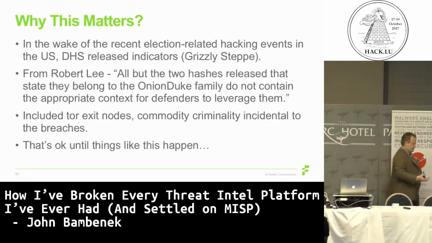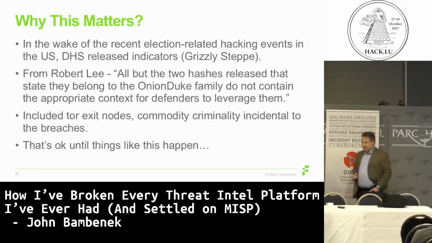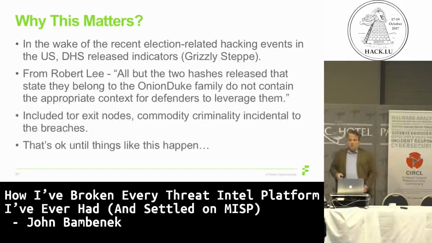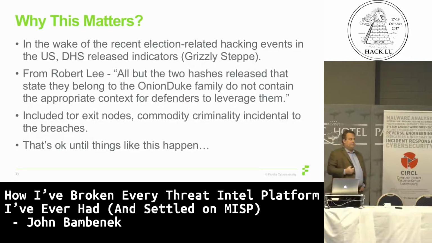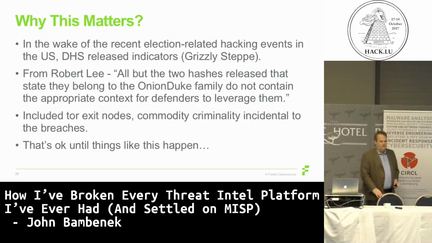So why this matters, right? Taking it to, again, another election-related story in the United States. Around December, just before the Director of National Intelligence released a report on, yeah, the Russians are trying to influence our elections, the Department of Homeland Security released a report they call Grizzly Steppe, of what we call Fancy Bear, and said, here are all the indicators we have.